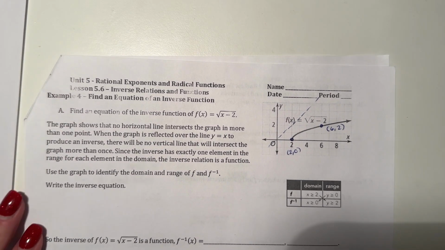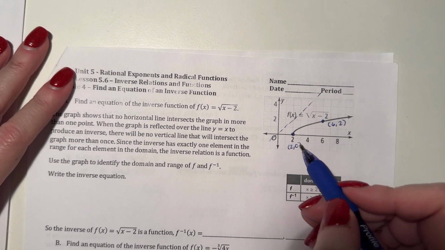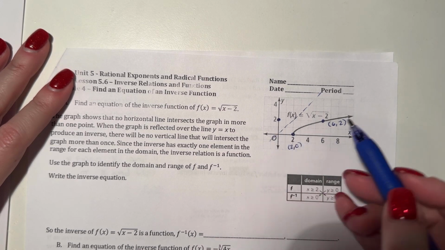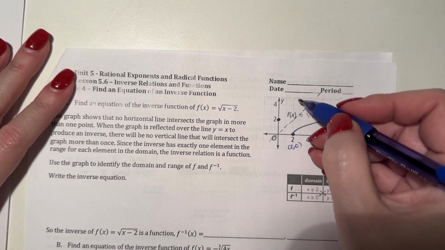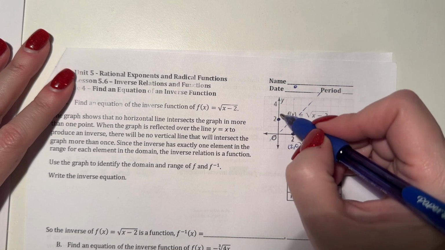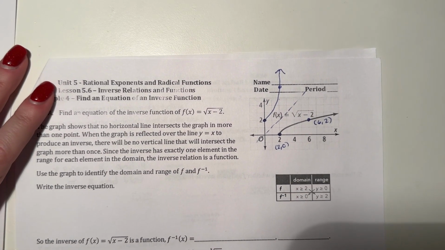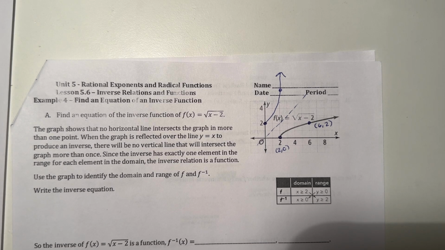All right, if I swap the x and the y, I would have a point at 0, 2, and I would have a point at 2, 6, which is a little bit off. So I've done my inverse in that blue color ink. So that's what I expect it to look like.